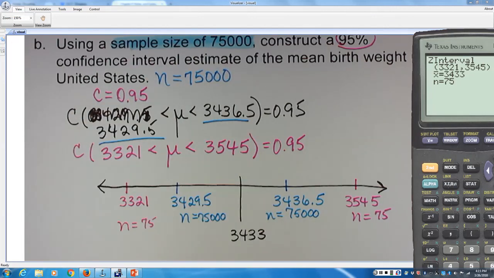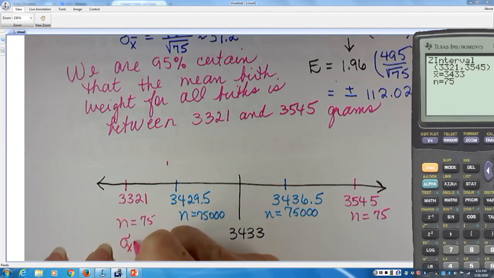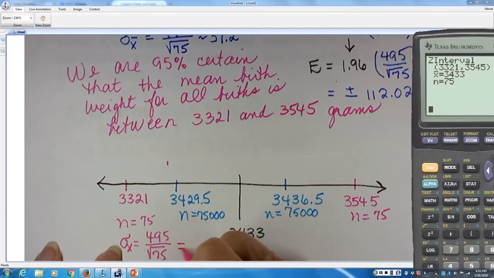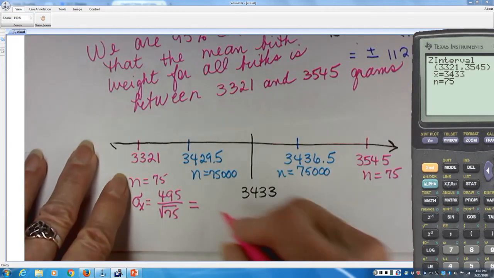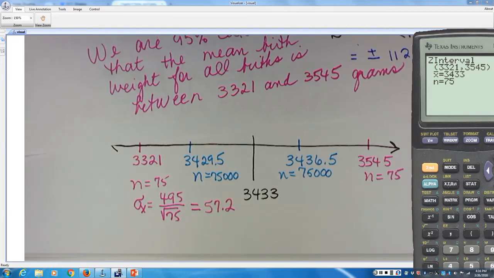I want you to remember, for a sample of 75, sigma x bar was 495 over the square root of 75. And that was equal to about 57.2. Okay?